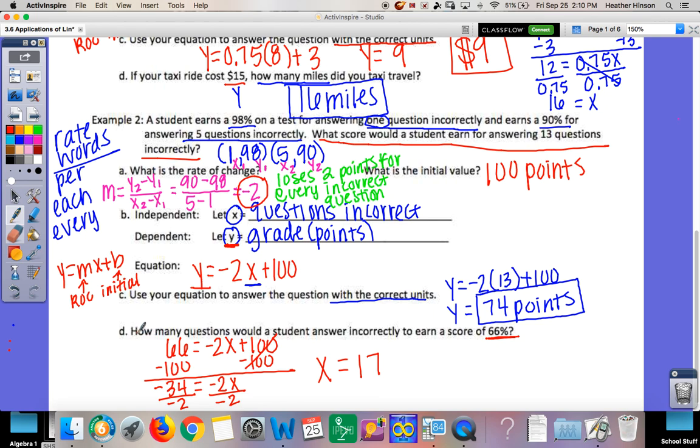The question says, how many questions would a student answer incorrectly? So this is 17 incorrect questions. You can look at the question for that, or you can go back to your X variable, which was questions incorrect. Either one of them is going to tell you you're looking for incorrect questions. So that's what 17 is.